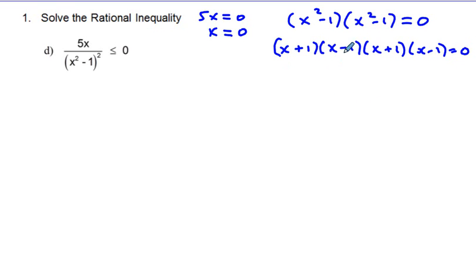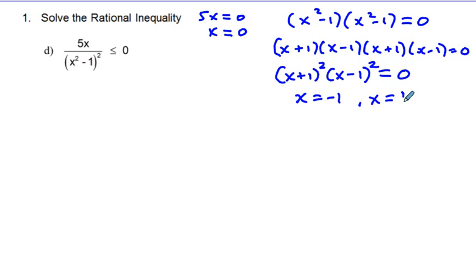And now we can combine the like linear binomials as quantity x plus 1 squared times quantity x minus 1 squared equals 0. So we have critical numbers of x equals negative 1 and also of x equals 1.